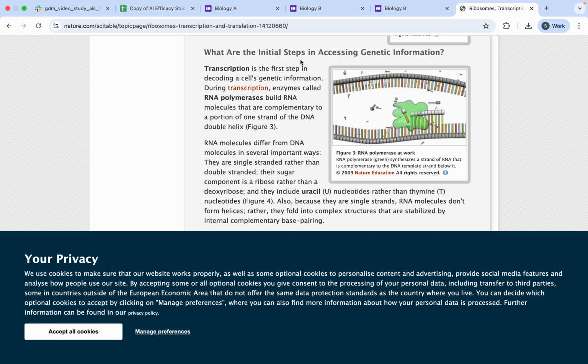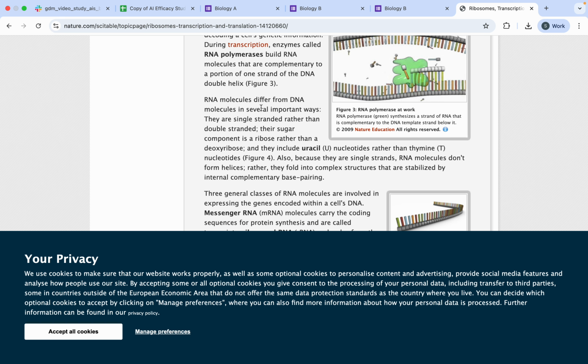So these are the initial steps in accessing genetic information. Transcription is the first step in decoding a cell's genetic information. During transcription, an enzyme called RNA polymerase builds RNA molecules that are complementary to a portion of one strand of the DNA double helix.